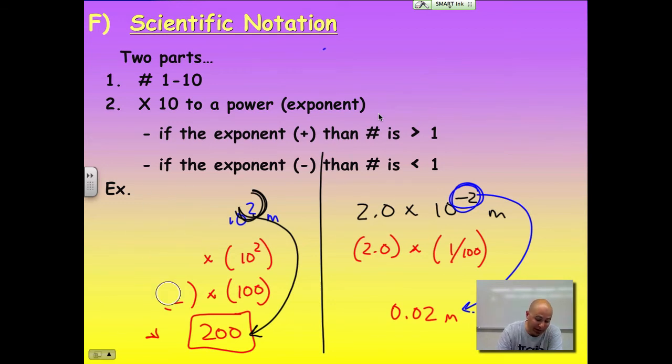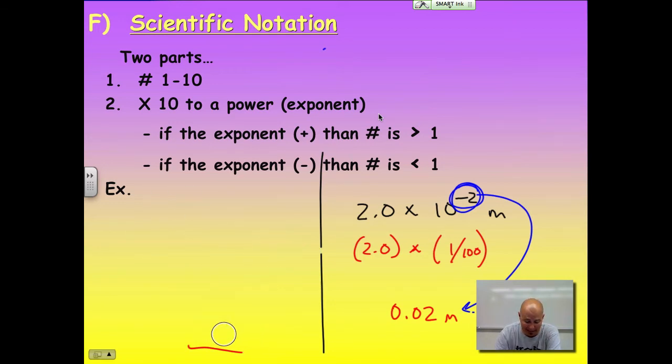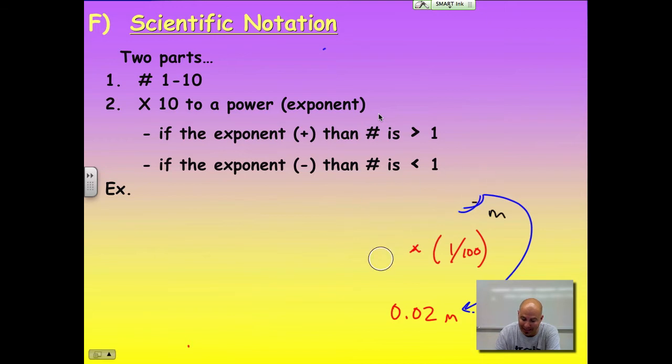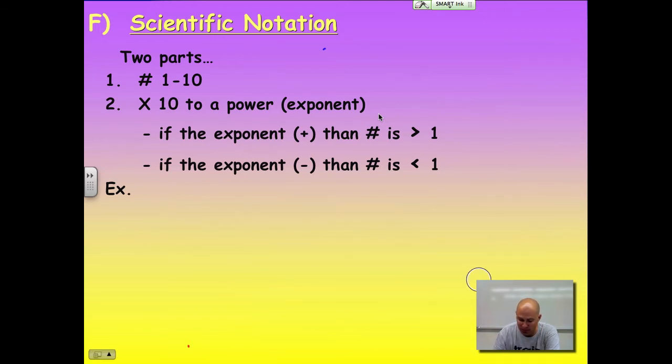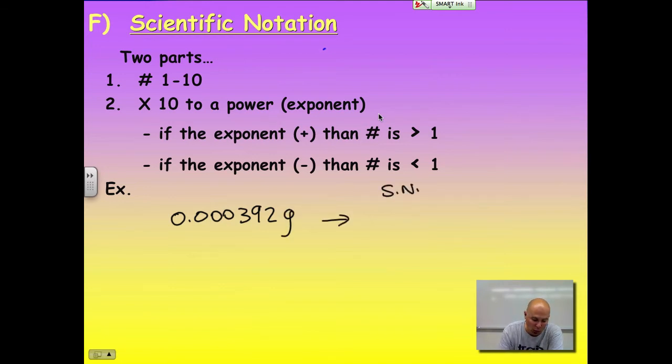Now again, realistically, all you're doing with this is a movement of the decimal. Okay, so if we have 0.000392 grams, and I want to know that in scientific notation, we're really just taking that decimal point and moving it 1, 2, 3, 4.